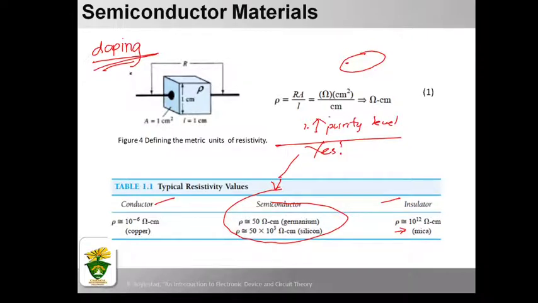Further reasons include the fact that their characteristic can be altered significantly through the application of heat and light, an important consideration in development of heat and light sensitive devices. Also, we will be dealing with this doping process in the next session.